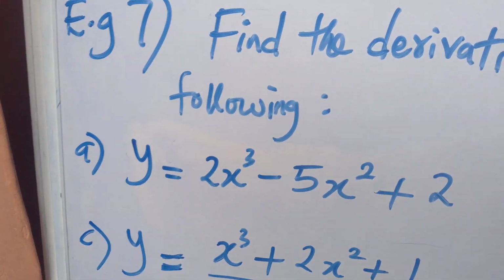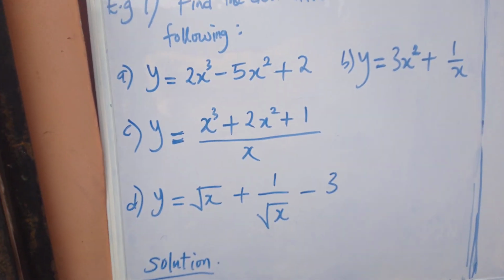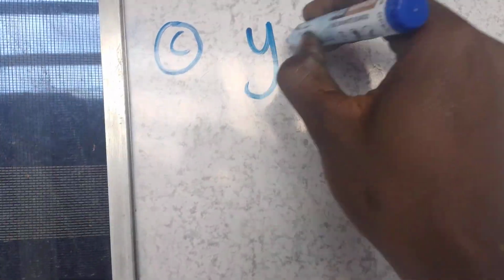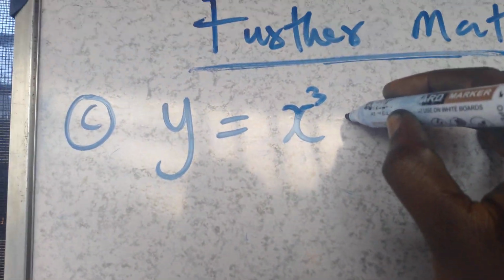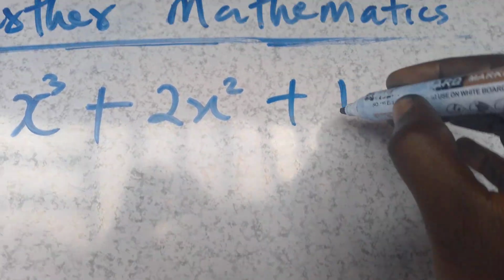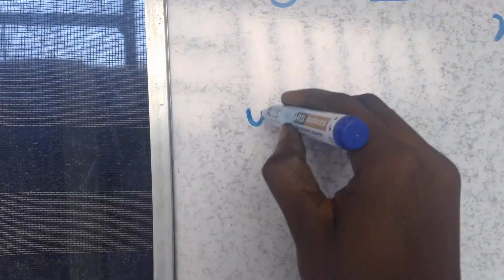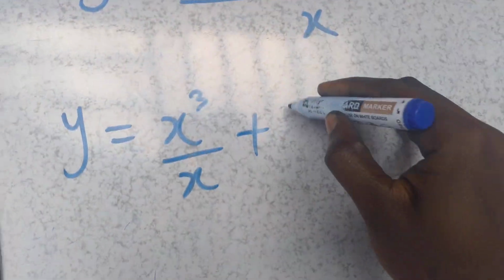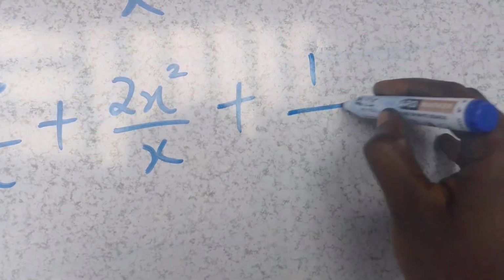Look at C. C is y equals x raised to power 3 plus 2x squared plus 1 over x. Quickly, let's solve that. So I have y equal to x raised to power 3 plus 2x squared plus 1 over x. If I split them now, y is equal to x raised to power 3 divided by x plus 2x squared divided by x plus 1 over x.